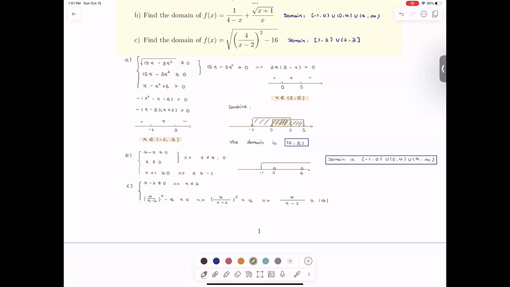Okay, because actually I should write it in the other way. This is not very accurate. I should write it like this. The absolute value of this is greater than or equal to 4. Okay, but it's easier to change this to plus or minus 4 when you do calculation.